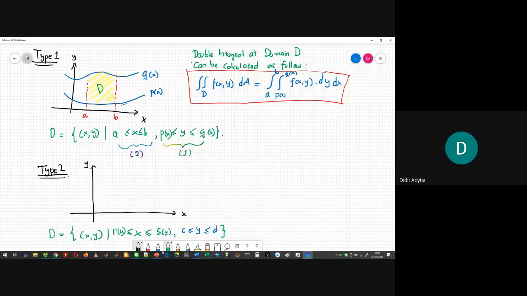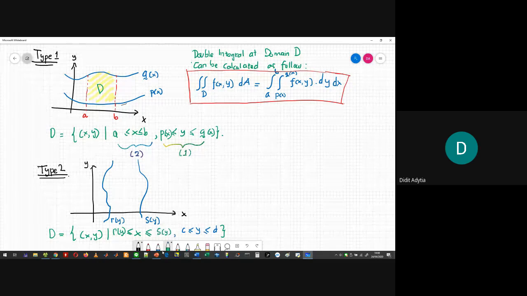Okay, now we draw it. So how do we do it? So this one, x is between r(y). Let's say like this. I call this r(y), and the integration goes until s(y). And then y itself is calculated between c and d.